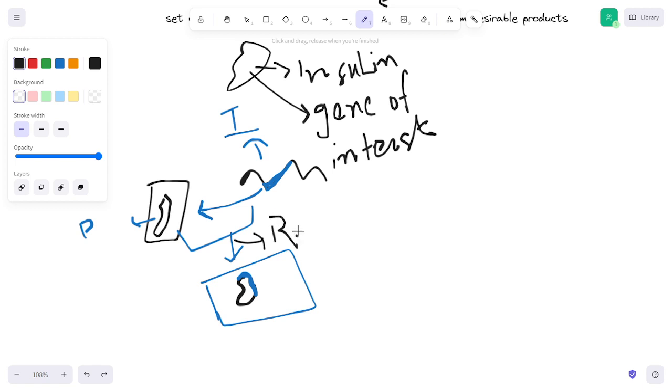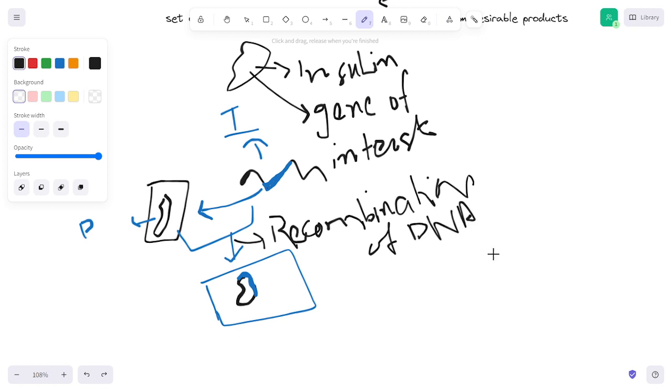Recombination of DNA. Okay, recombination of DNA.